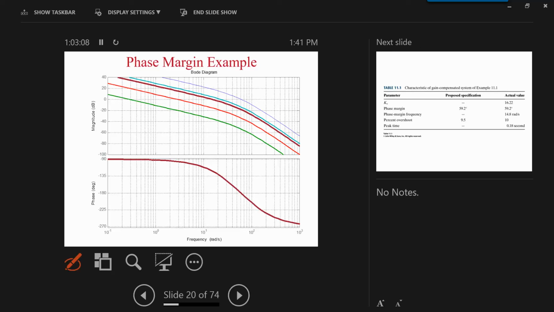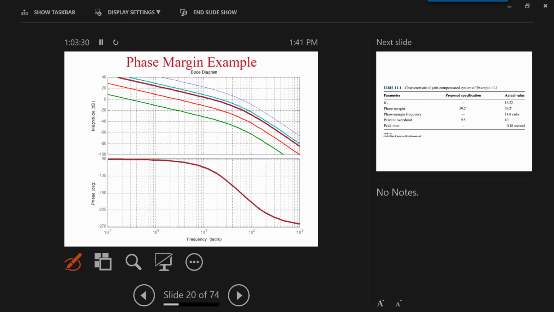The magnitude is approximately 20 dB. Between the blue line and the 0 dB line at this frequency, it is approximately 20 dB.